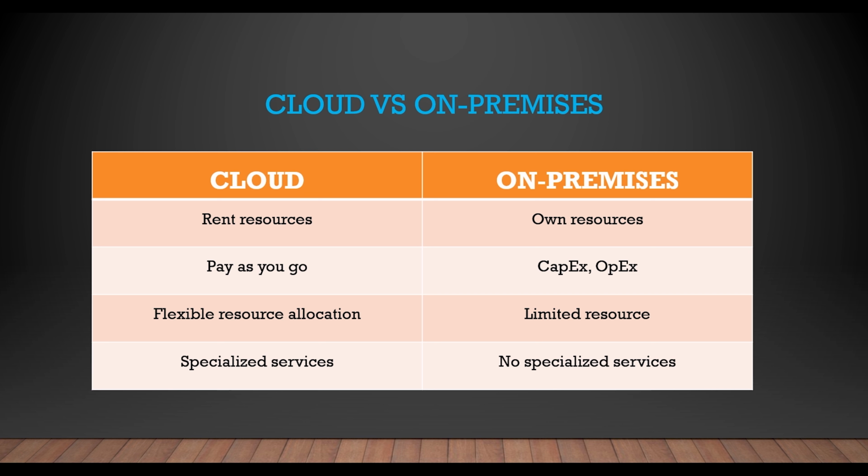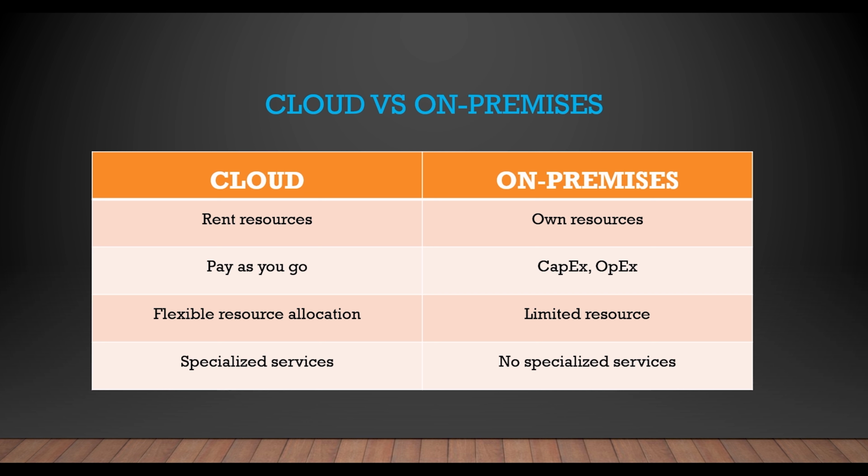But on premises, you need your own resources and you have to buy the resource if you want to start using. For cloud, you can pay as you go. So, for the time you are using the resource, you are only paying for it. But for on premises, you need both capital expenditure, which is capex, and operational expenditure, which is opex. So you initially need a capital expenditure in order to buy those resources.